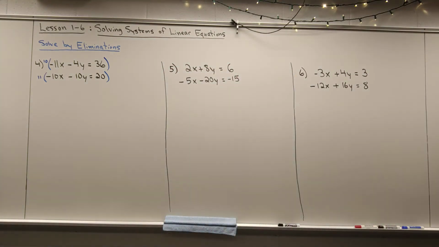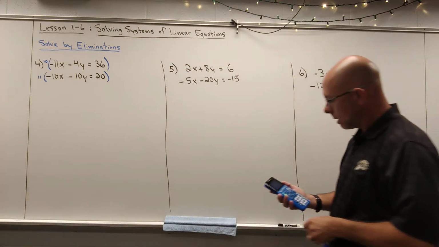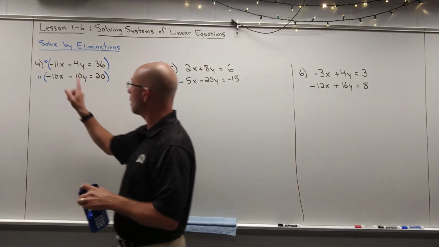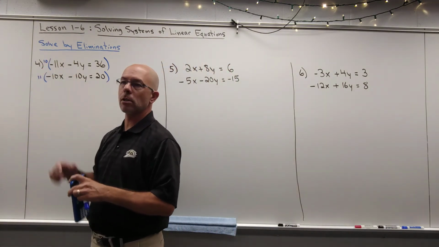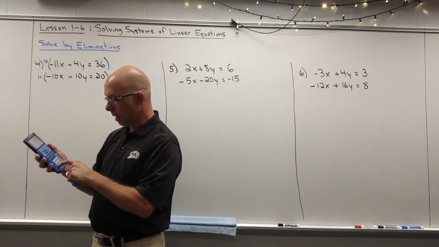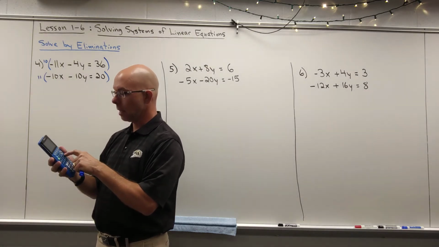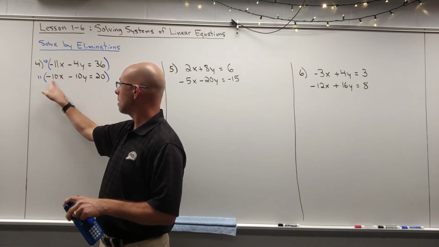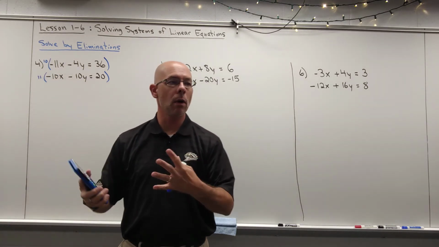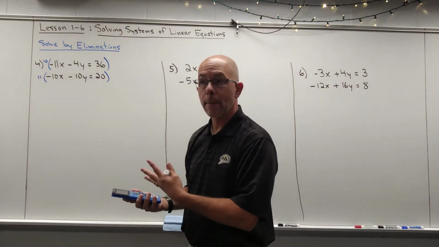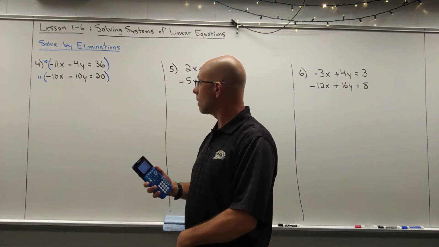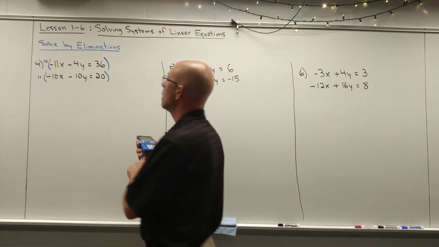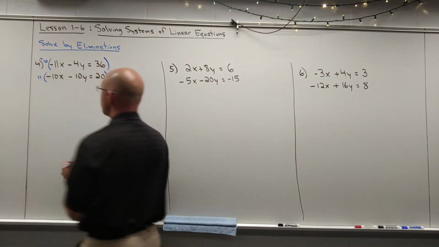Because right now, as it stands, if I multiply one of these together, 10 times 11 is 110, right? That times that's negative 110. That times that's negative 110. I don't want them both negative 110. So I need to pick one of them to be the negative number. It doesn't matter, I'm just going to make it that.